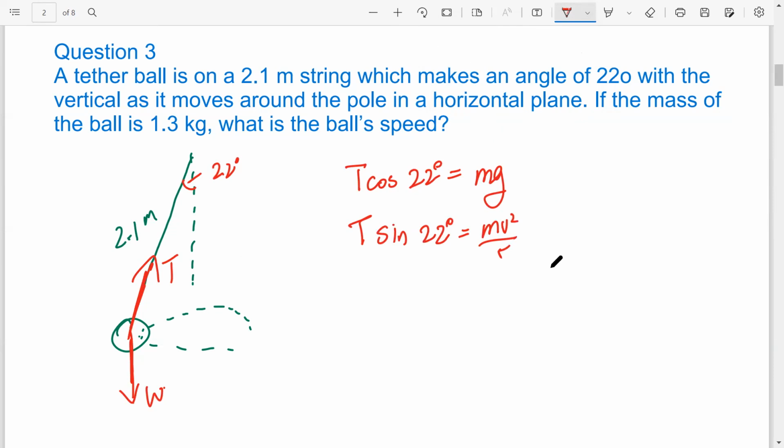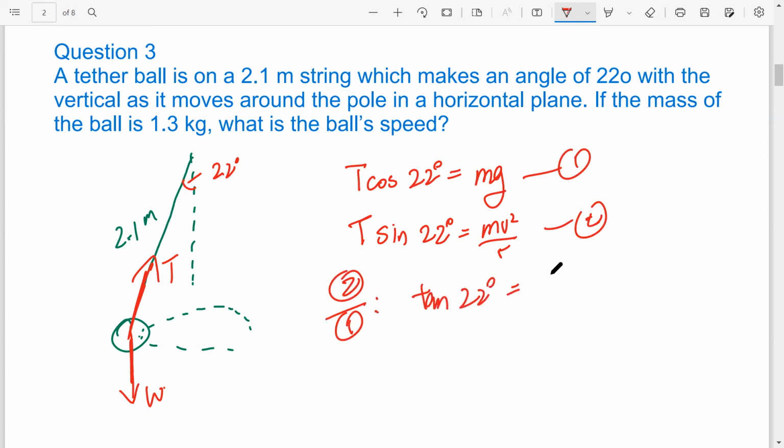You all should be able to get these two formulas. The problem is, what is the radius? Okay, good. So from here, equation 1, equation 2, 2 divided by 1, tan 22 equals v squared over g r, where r is 2.1 sin 22.